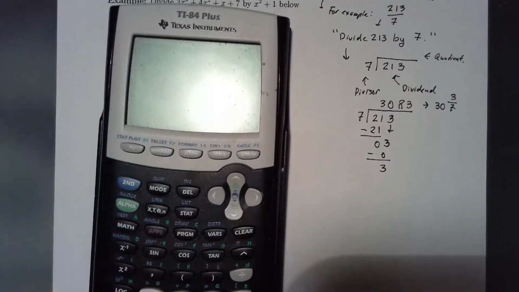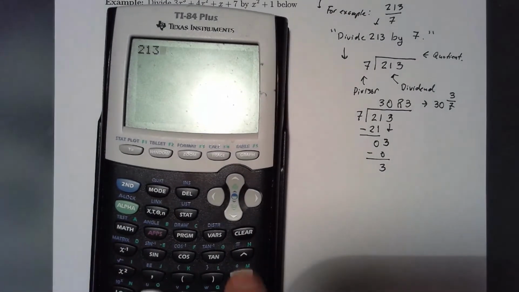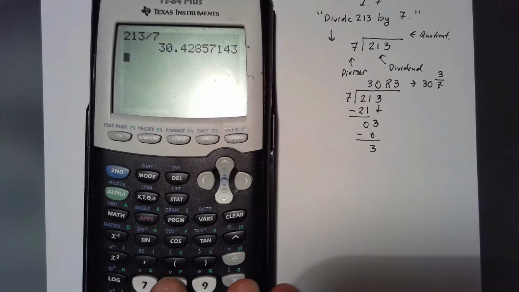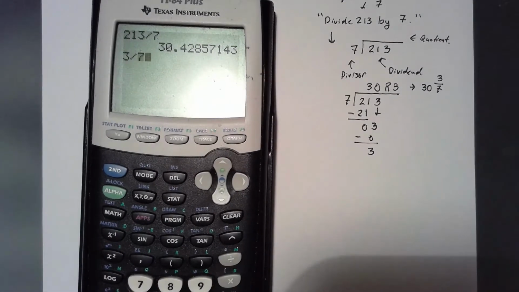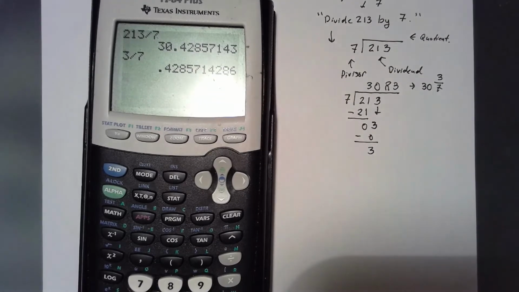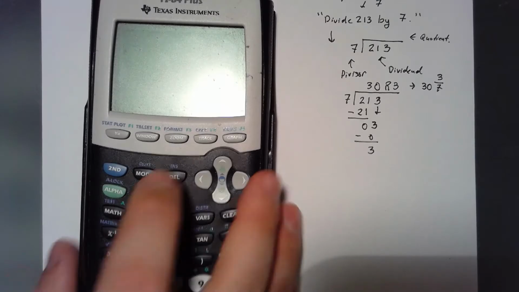You can check that on your calculator. 213 divided by 7 is 30.428574143. Well, 3 over 7 is that decimal. So that's how you would do that.